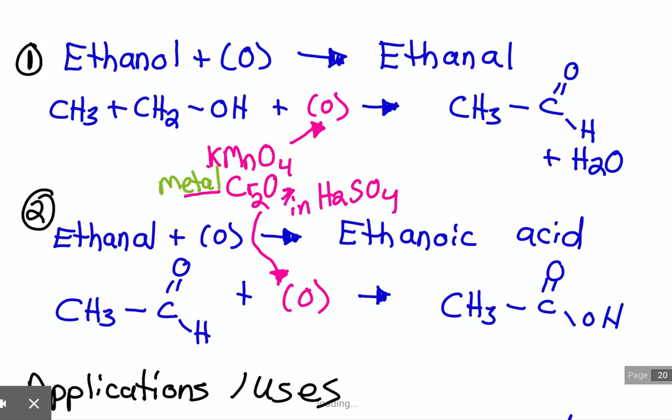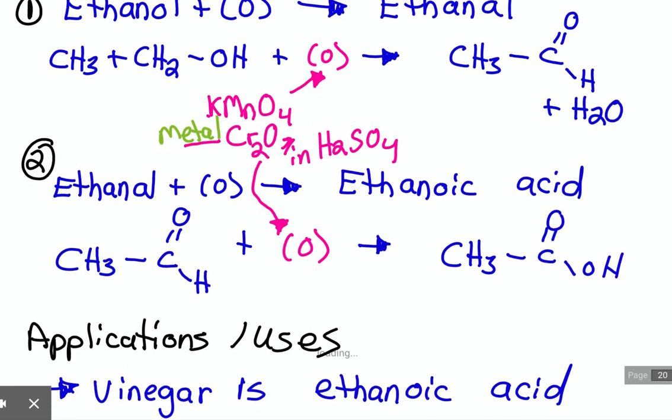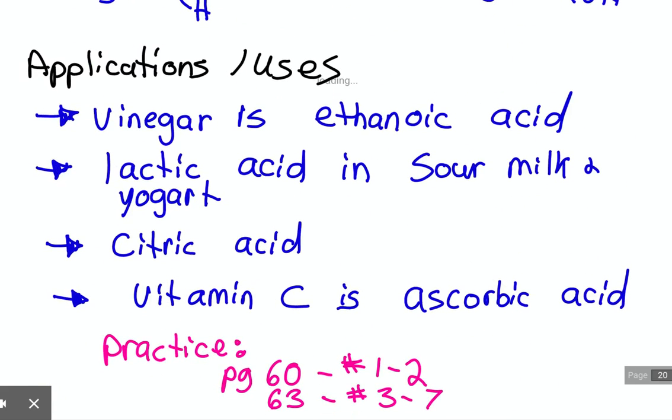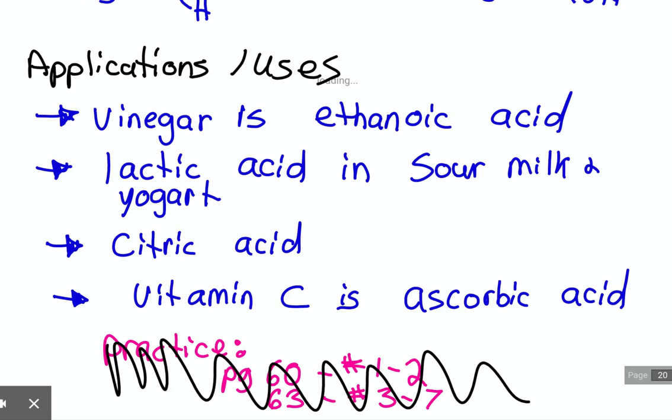So our carboxylic acids have a lot of applications and uses. A couple that you're familiar with is vinegar, which everybody probably has in their kitchen, and its actual science name is ethanoic acid. Lactic acid in sour milk and yogurt, citric acid, and vitamin C is ascorbic acid.